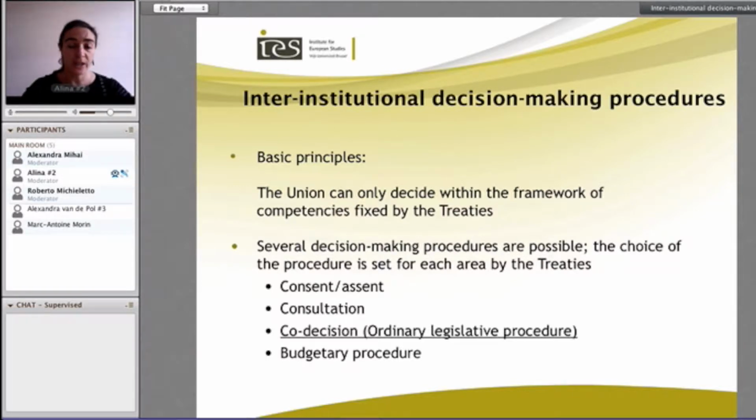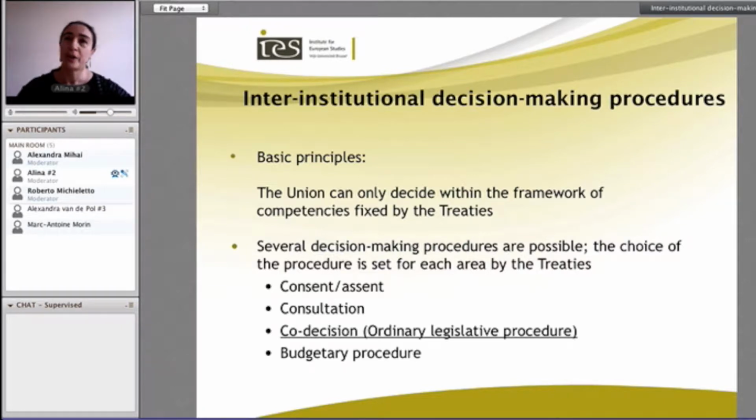Then we also have the so-called consultation procedure, where the position of the European Parliament is weaker than in co-decision and the consent procedure. Here, the Council cannot take a decision without consulting the European Parliament. So the European Parliament has to issue an opinion on the subject matter in question, but this is where everything ends.